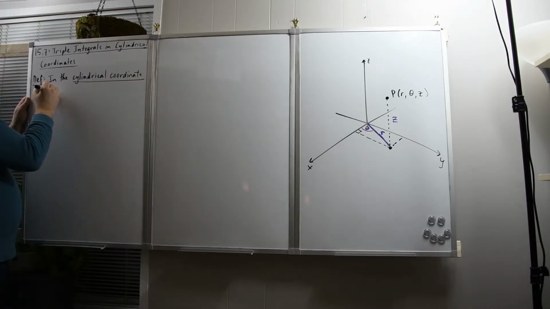So in the cylindrical coordinate system, we have a point P in three-dimensional space.